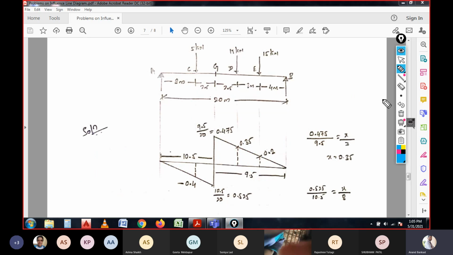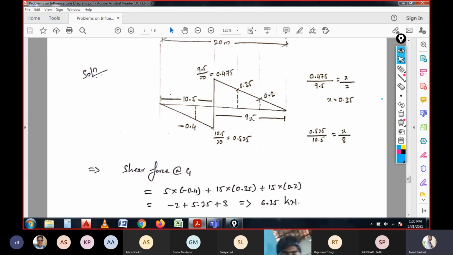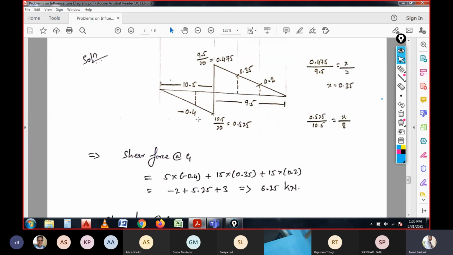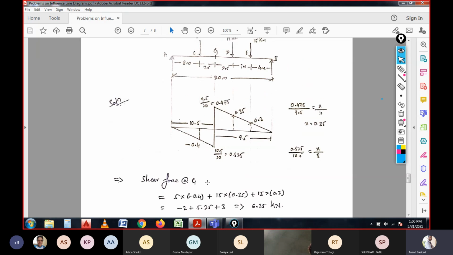So now, for this the shear force value needs to be calculated by referring to coefficient values and loads respectively. So how do you calculate the loads and coefficient values?